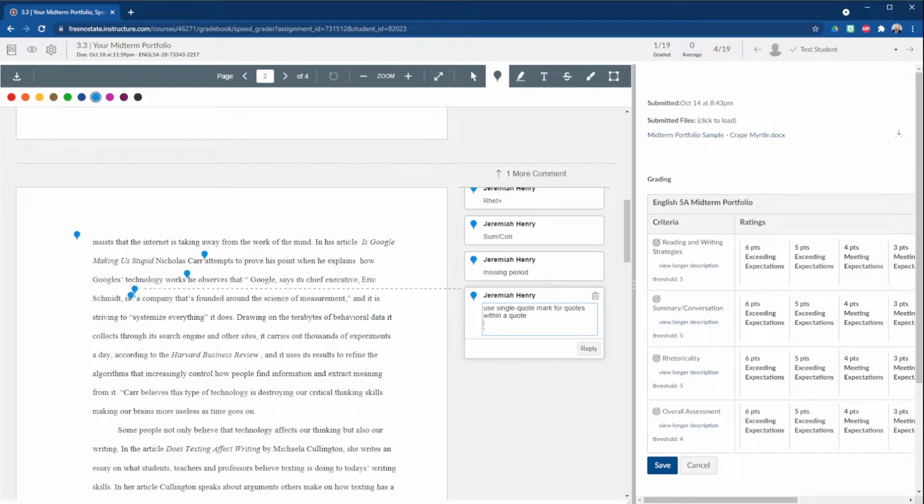So Eric Schmidt is, quote, a company that's founded around the science of measurement, end quote within a quote, and it is striving to systematize everything it does. Drawing on the terabytes of behavioral data it collects through its search engine and other sites, it carries out thousands of experiments a day, according to the Harvard Business Review, and it uses its results to refine the algorithms that increasingly control how people find information and extract meaning from it.